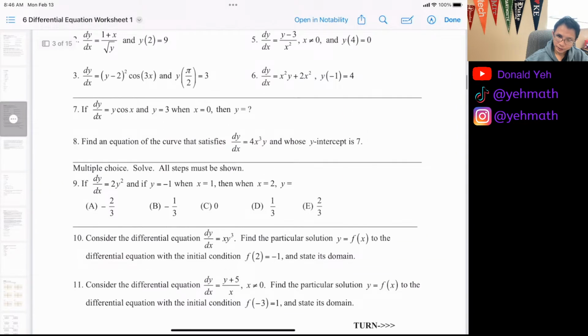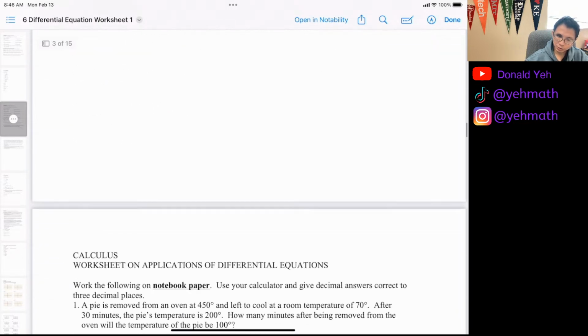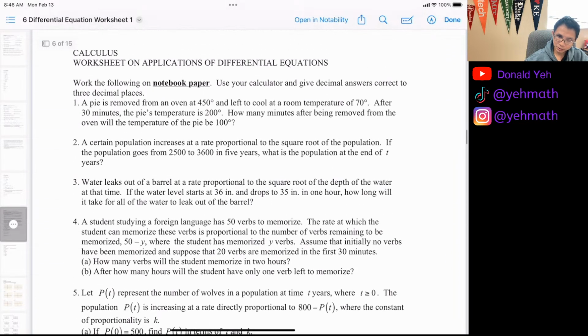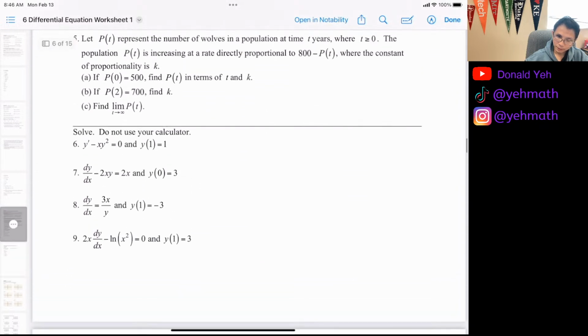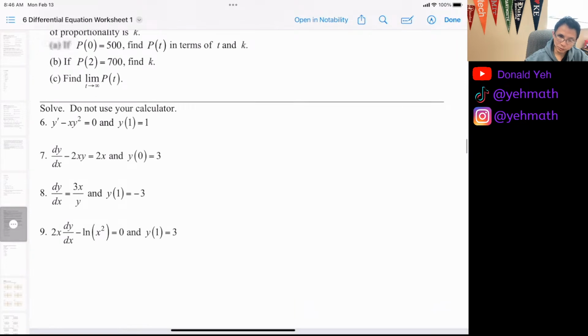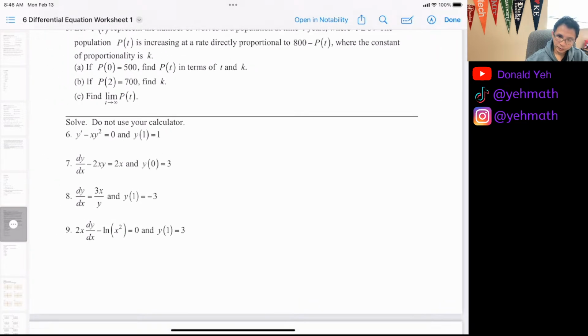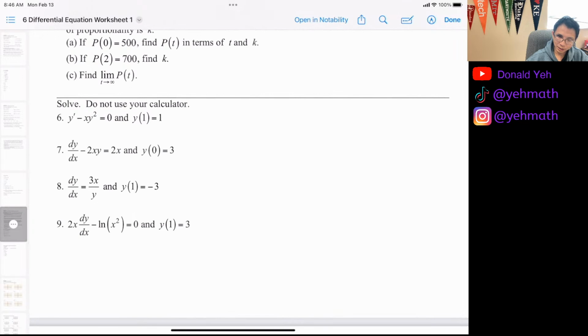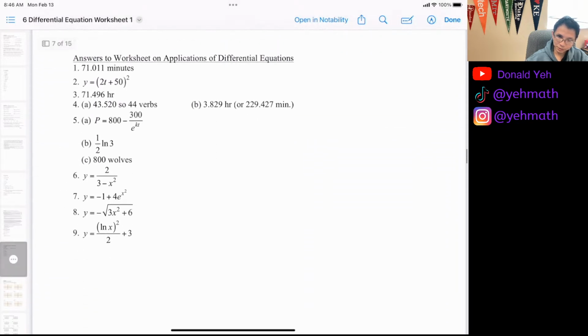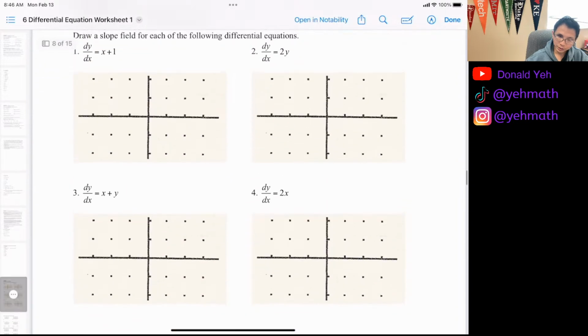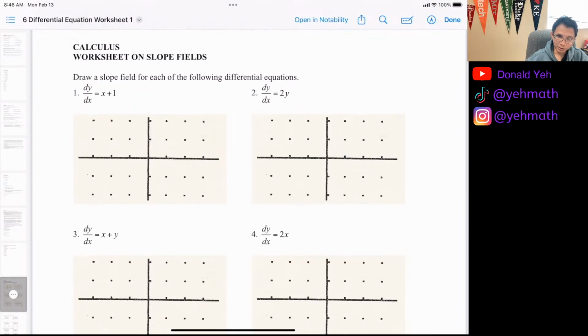I want you to do not this page, not the application of differential equations, but I will ask you to do those 3 questions right here. Question 6, 7, 8, 9. I will ask you to do that, and there are answers there. But this is the slope field I will ask you to do.